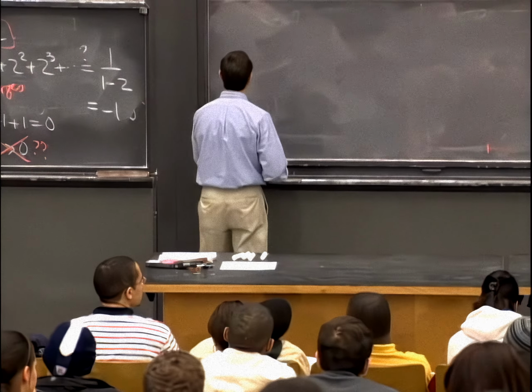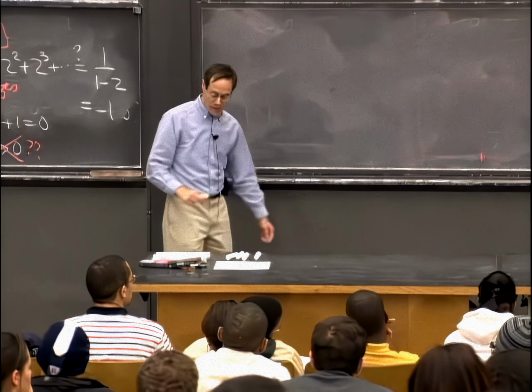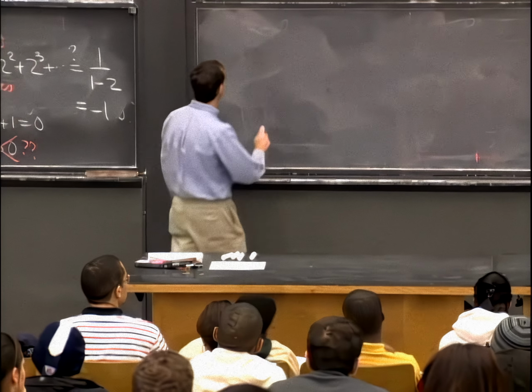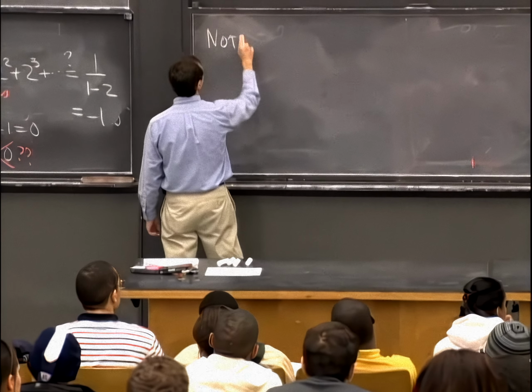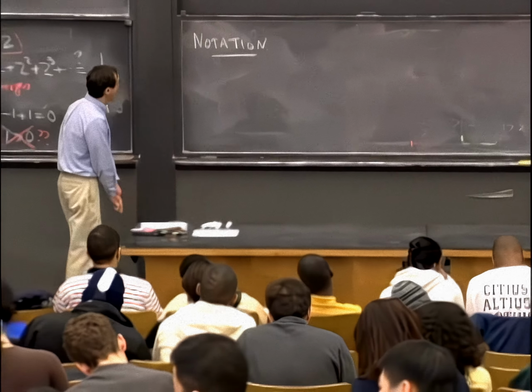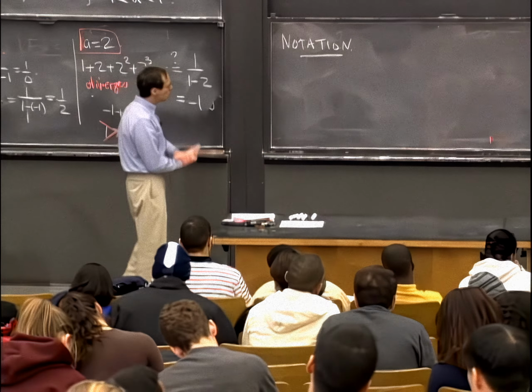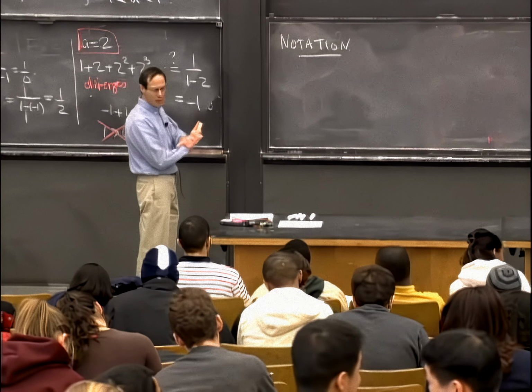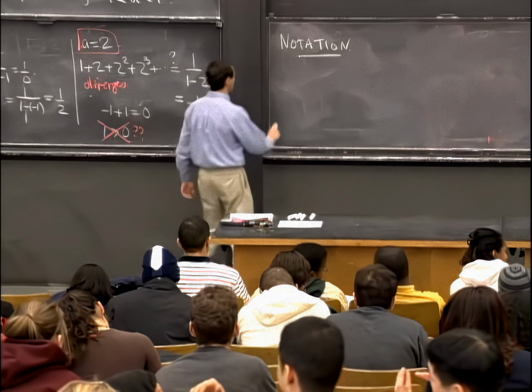So now let's talk about some general notation for series. And this will help you with the last bit. This is going to be pretty much the same as what we did for improper integrals.